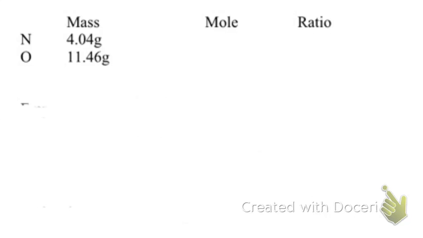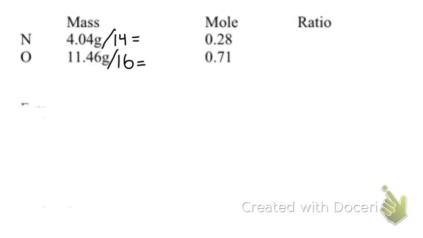So those are our masses. In order to find the moles, we must divide each by the molar mass from the periodic table. Nitrogen is roughly 14, oxygen is roughly 16. We get 0.28 moles and 0.71 moles for oxygen and nitrogen.